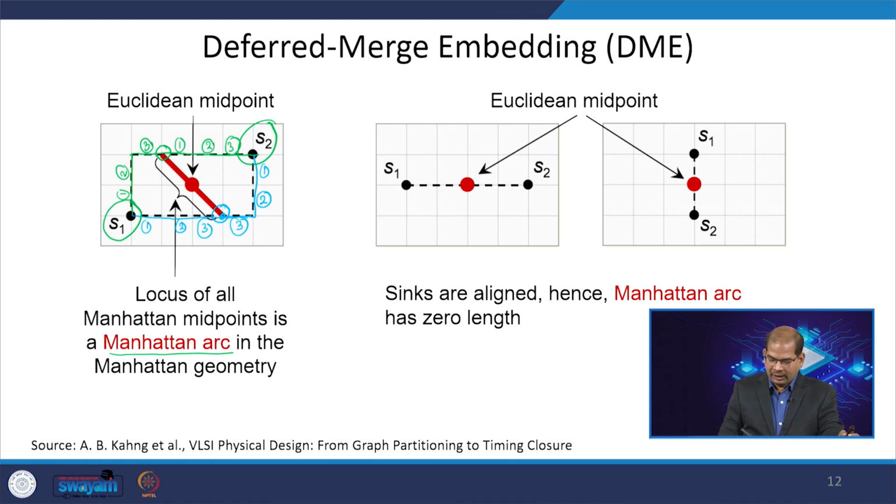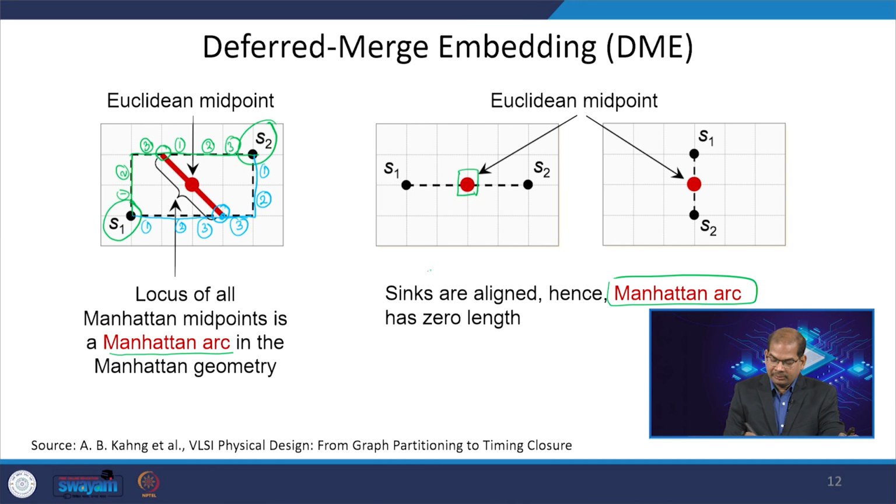If your sinks are aligned, meaning the sinks are on the same axis, as in the first case where your sinks are horizontally located, then the Manhattan arc is a point. Only one midpoint exists, so the length of the Manhattan arc is 0.